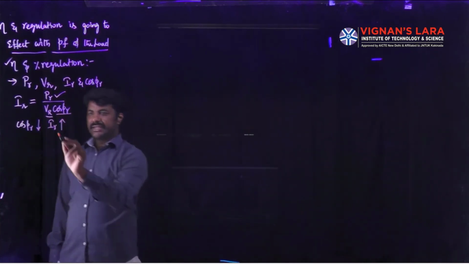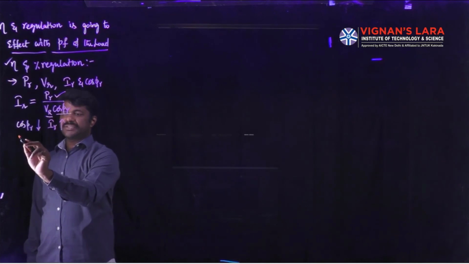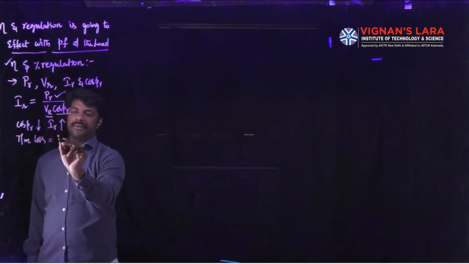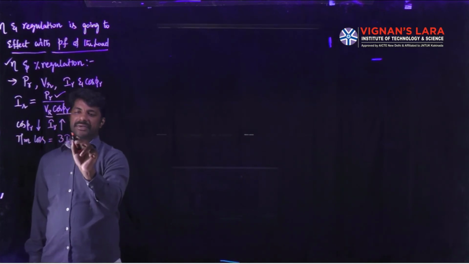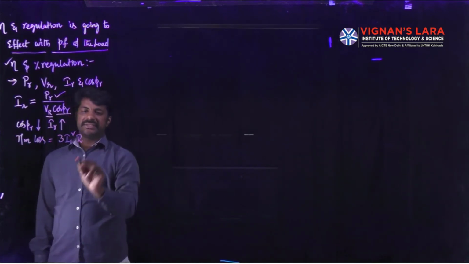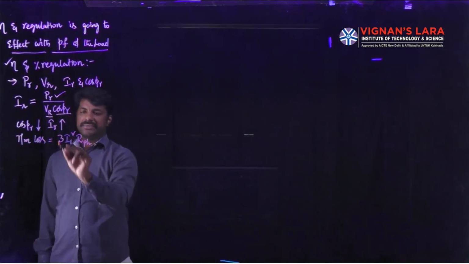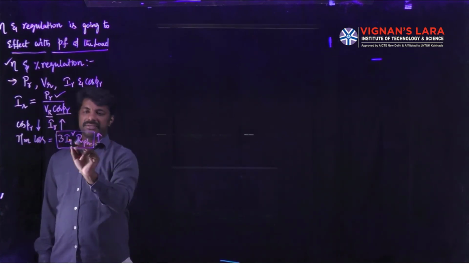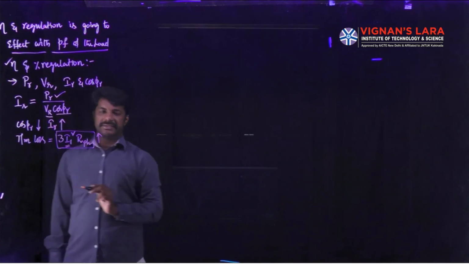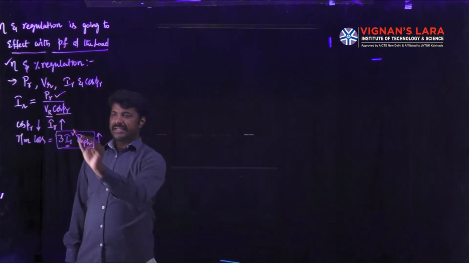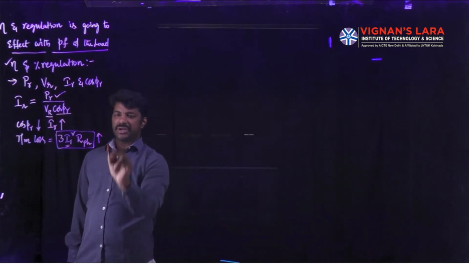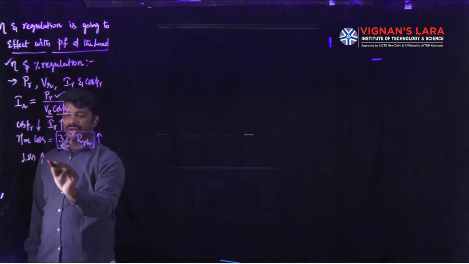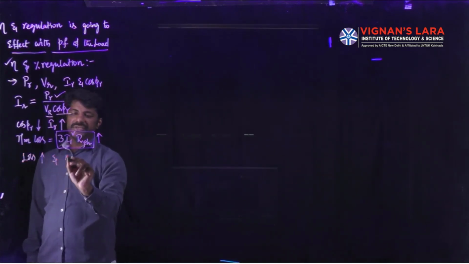If the current increases, then all of us know that the transmission losses, 3 IR square into the resistance per phase, increase because of the increasing current. If the losses are increasing in the transmission line, obviously the efficiency goes on decreasing.